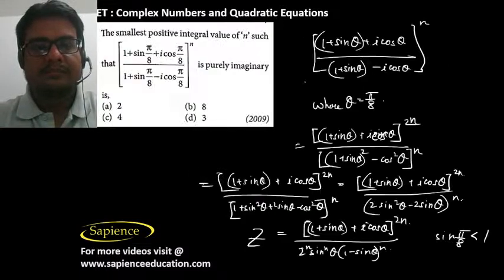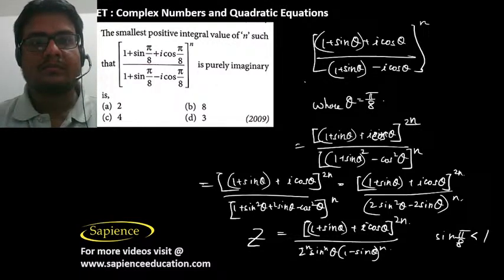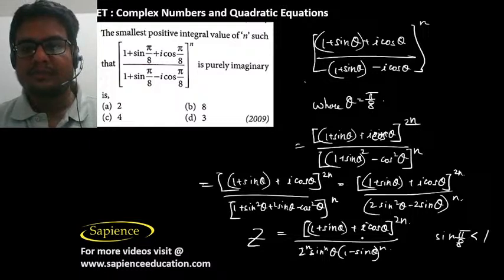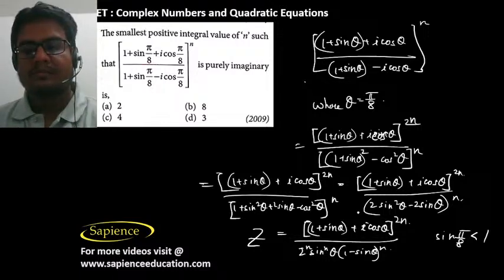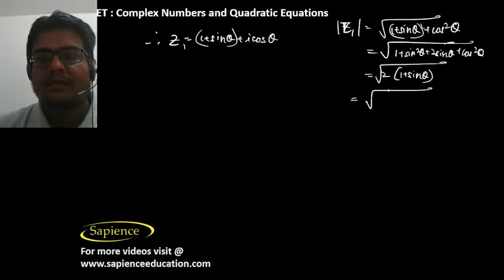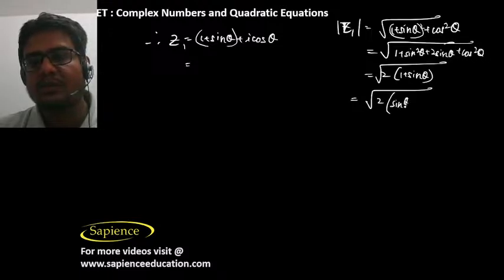So if I take 2 here, purely imaginary, so this will be 2 into (sine theta by 2 plus cos theta by 2) whole square.